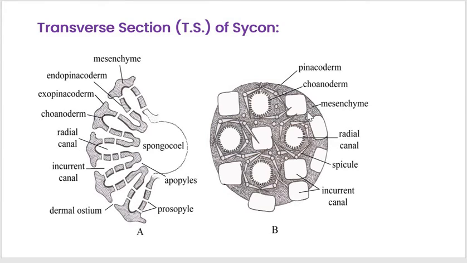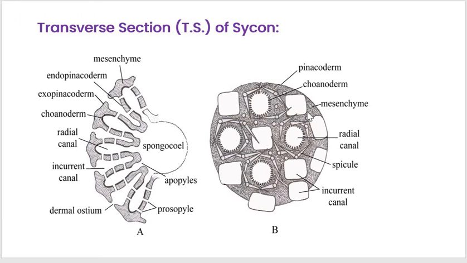The exopinacoderm covers the entire body surface except the dermal ostia and osculum, whereas the endopinacoderm forms the epithelial lining of the incurrent canals and spongocoel. The pinacocytes are large, flattened, polygonal cells with a central nucleus, and they are closely cemented with one another.